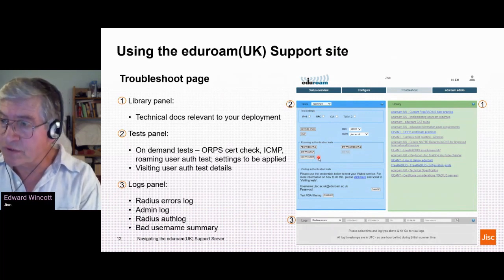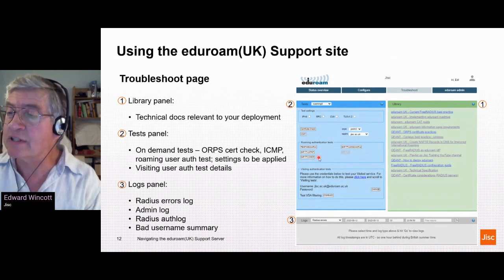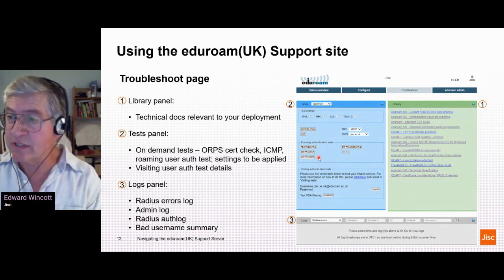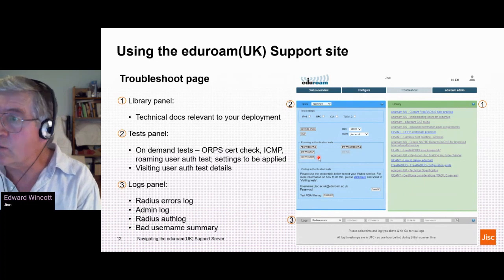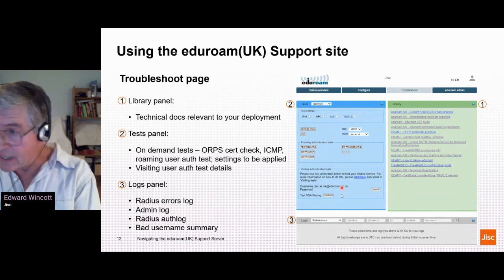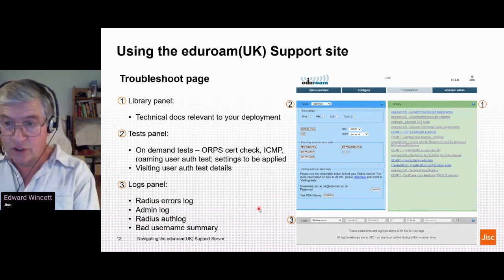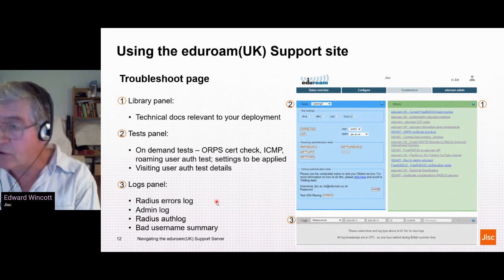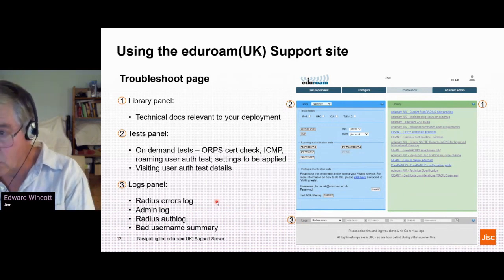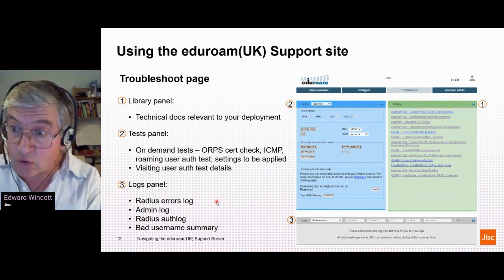There are, of course, the routine monitoring tests that are going on, which result in the alerts that we saw on the status overview page. And down at the bottom, we have the grey logs panel, which gives you various views of the National Proxy Server logs as they relate to your institution.